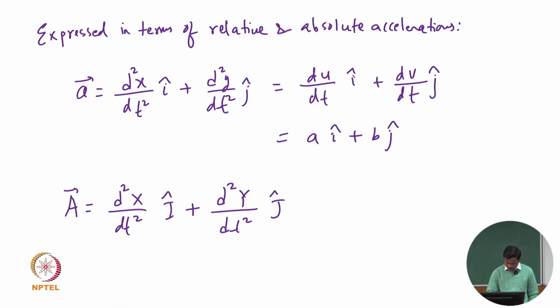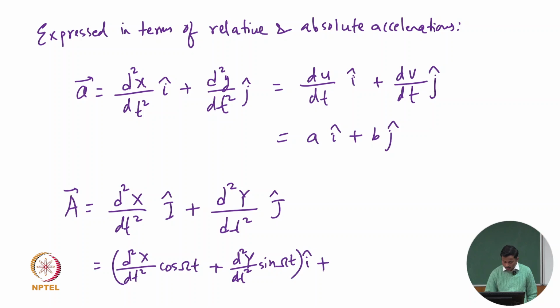Now this one, you can expand this as d squared capital X by dt squared cos omega t plus d squared capital Y by dt squared sin omega t, small i cap, because this is the relationship that we had derived between the small i cap, small j cap, and the capital I cap, capital J cap.